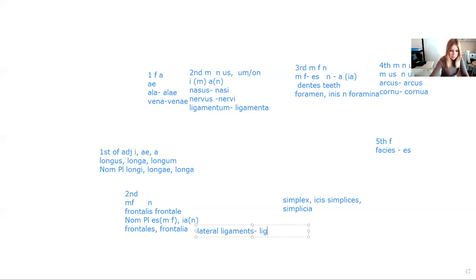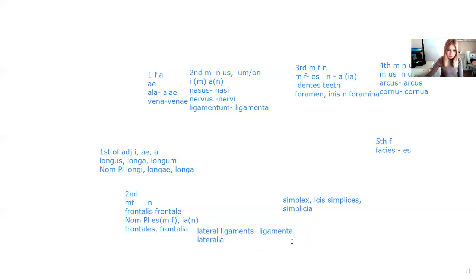Ligaments will be ligamenta. Now we should deal with lateral. Lateral is an adjective of the second group. Our noun ligaments is in plural form, so lateral must be in plural too. The second group of adjectives has the ending -ia because we need the neuter ending. Ligamentum is neuter, so the adjective will be in neuter form. Lateralia. Ligamenta lateralia is the correct translation.